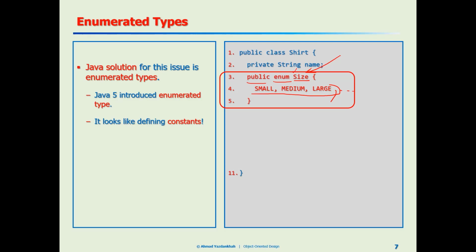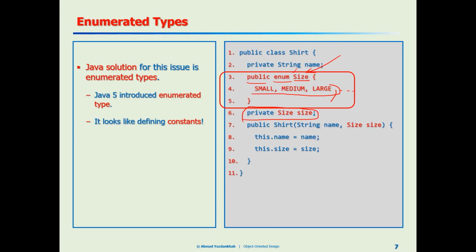And what would happen to the constructor? This is the instance field, whose type is now Size, and the constructor again is using the type Size. So instead of the integer, we created a new type for these values, small, medium, large. Okay.